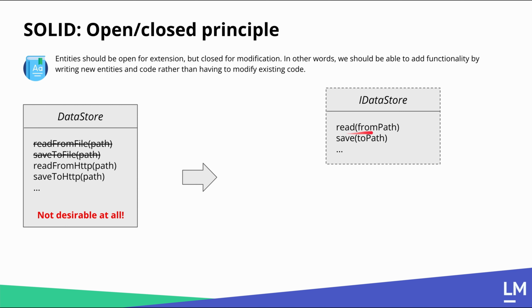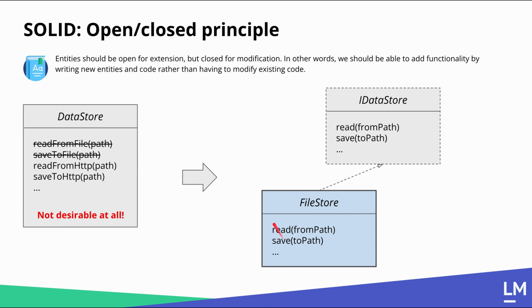There is a method to read from somewhere, and there is a method to save to somewhere. We have this abstraction, and we can start adding functionality by creating modules, for example a file store module. This file store module is going to implement this interface, IDataStore, and it's going to provide the methods read and save.